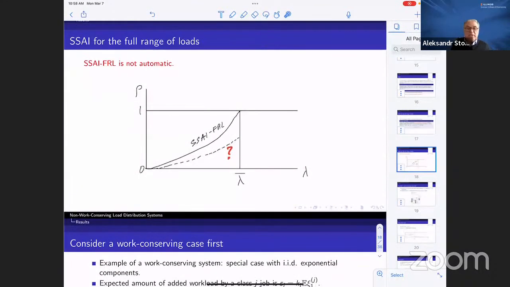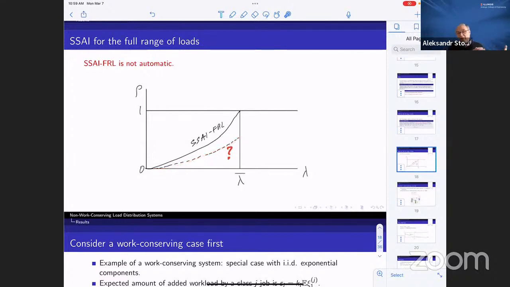Okay, so this is not automatic. Who said that? Definitely there is some upper bound lambda bar, that is not hard. But who knows that the corresponding limiting load will not converge to something less than 1? Suppose the Ansatz holds here, and here.